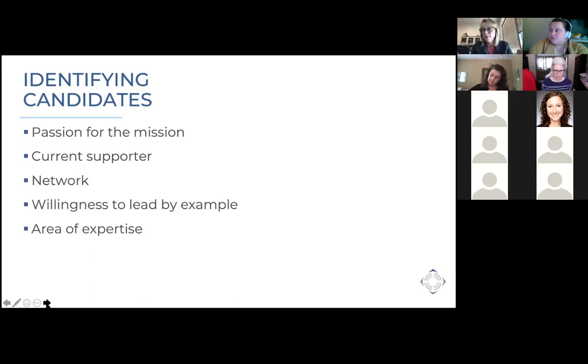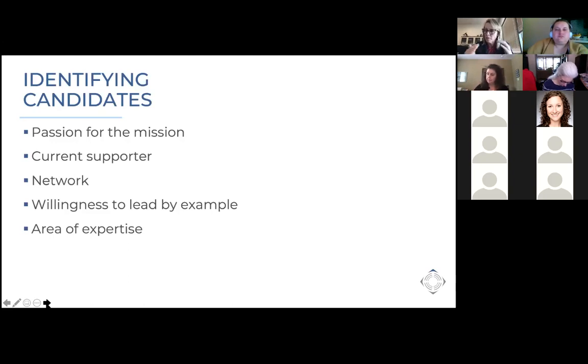And then there may be an area of expertise. This is going to be really specific to what you need, especially if you have gaps. For a younger organization that may have limited resources and paid staff, this can be a way that you really can bring in an area of expertise that isn't on your team. So an example of this could be communications.